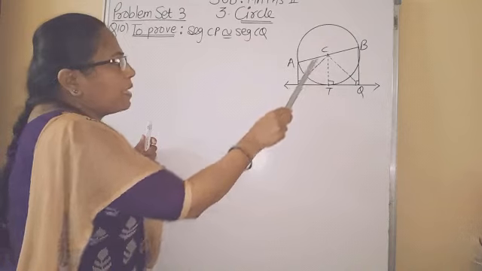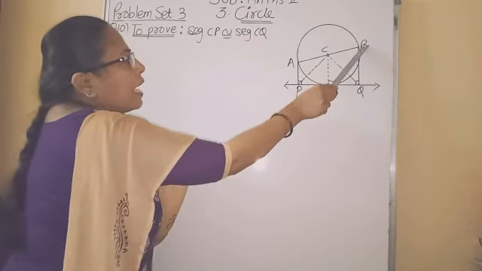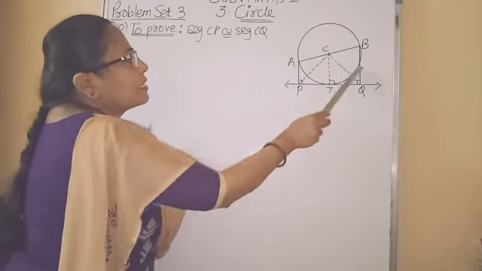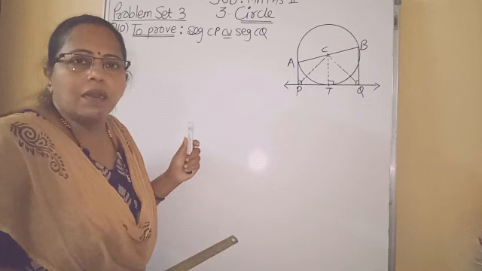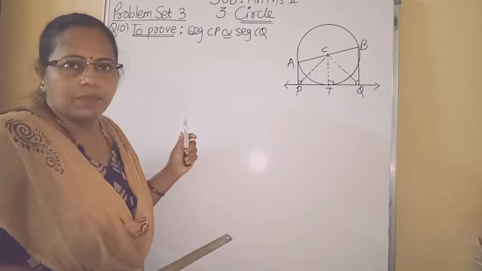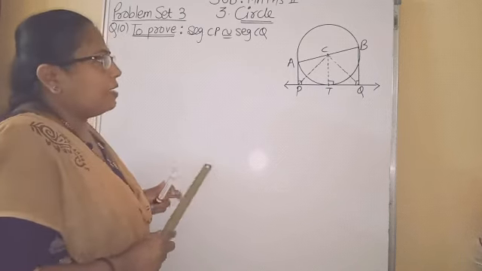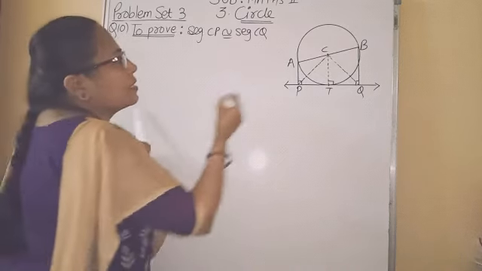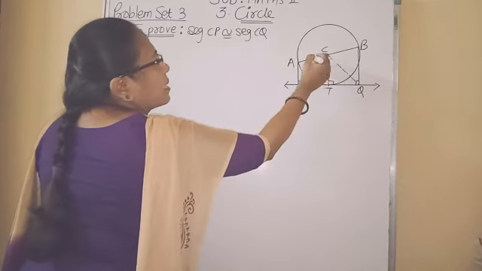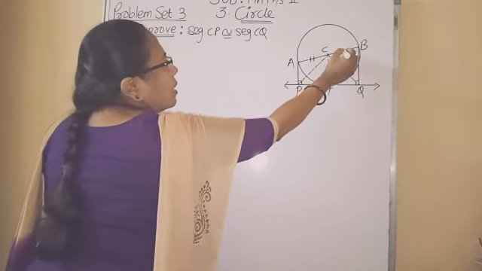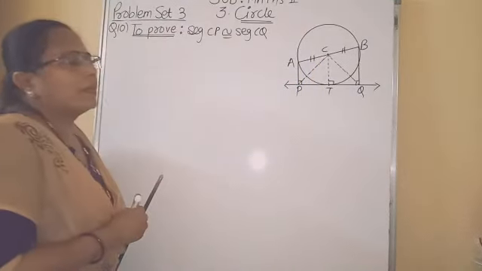So AP, CT and BQ, all these three segments are parallel to each other. Okay. And here CA and CB are the radii of the same circle, so they are congruent.